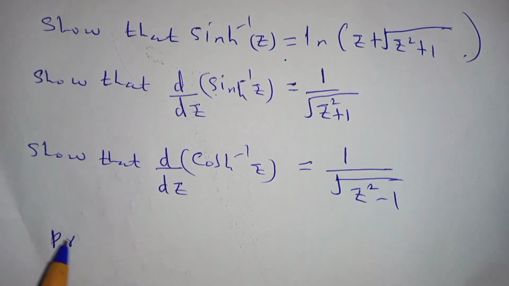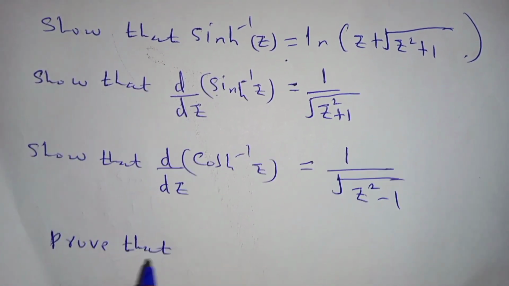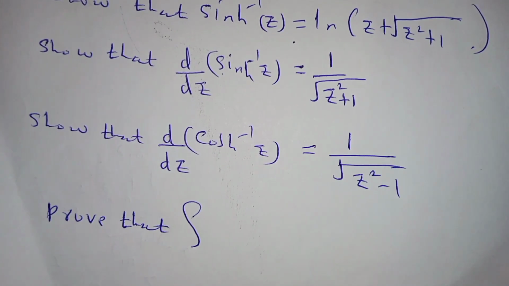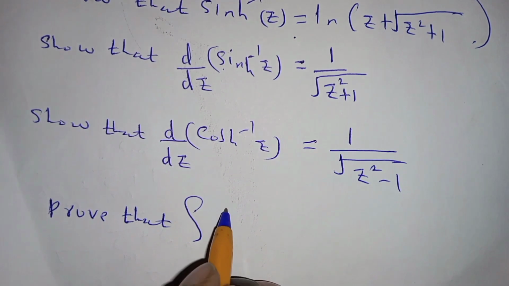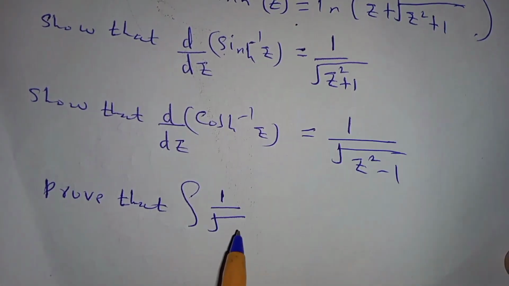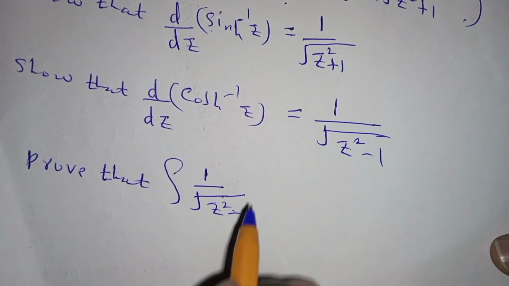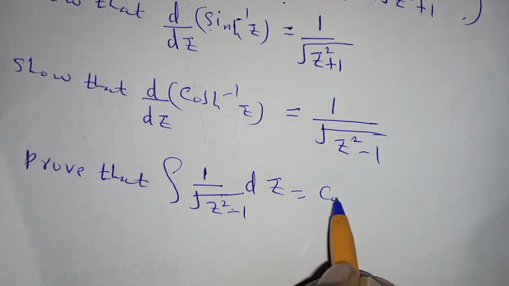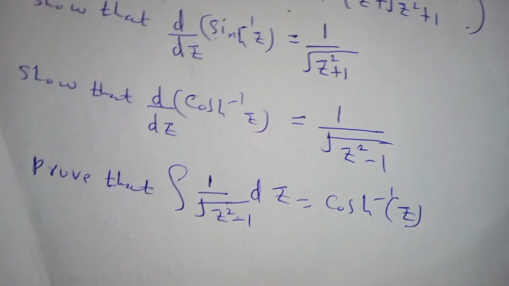Also prove that the integral of 1 over the square root of z squared minus 1 with respect to z, the result is the inverse hyperbolic cosine of z.